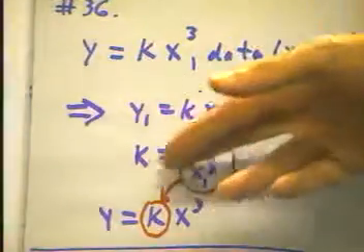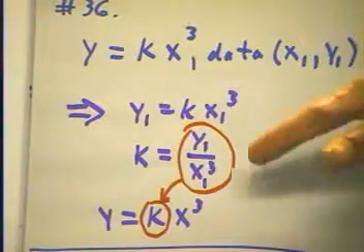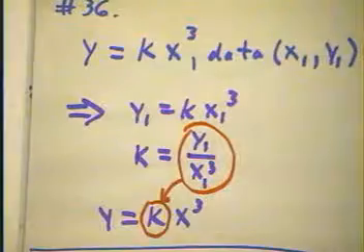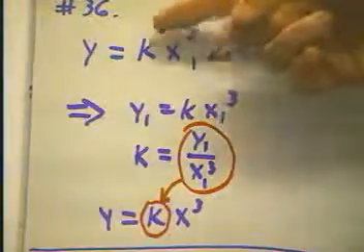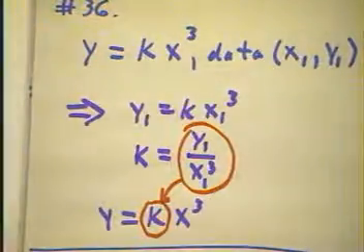We can solve then for k. K is just going to equal y1 over x1 cubed, and then we plug this number in for k and we have the proportionality. Now that isn't what I said it was. That's just how we find the proportionality constant given the proportionality in a data point.